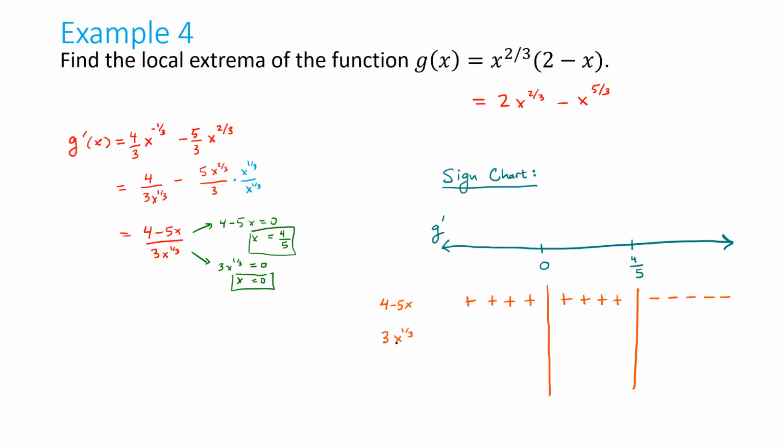And then looking at 3x to the 1 over 3, we know that one's going to be positive when x is positive. So when x is greater than 0, it'll be positive for all these values, and it'll be negative when x is on this side over here.